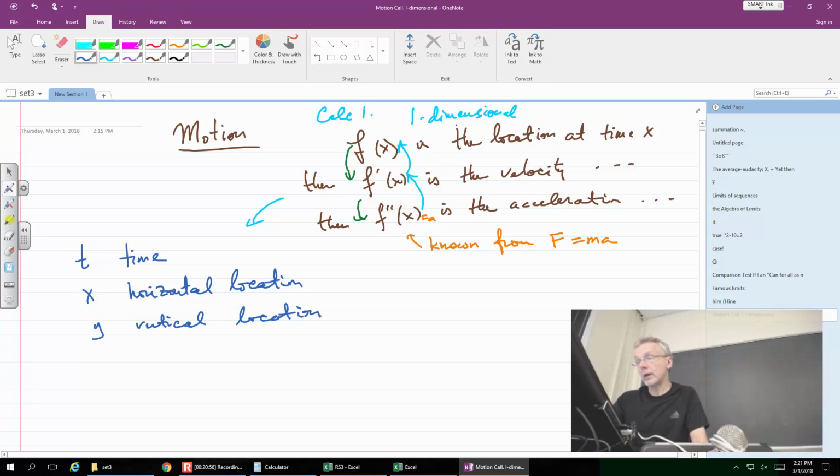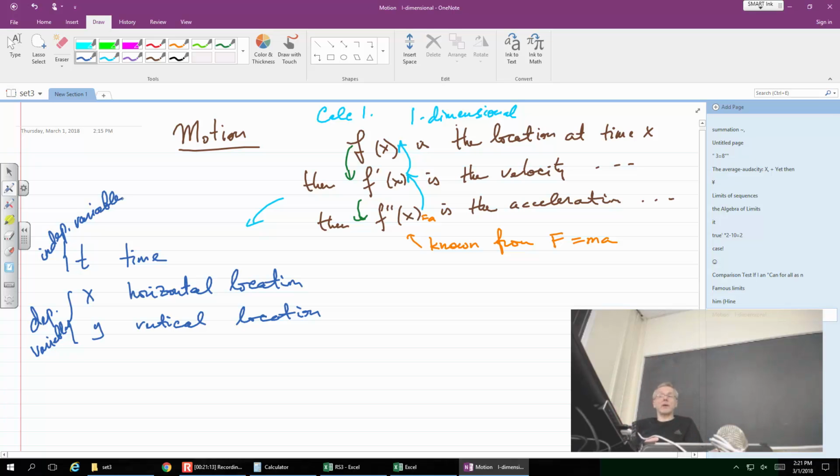The latter two are the dependent variables, 2 dependent variables, and t is the independent variable.